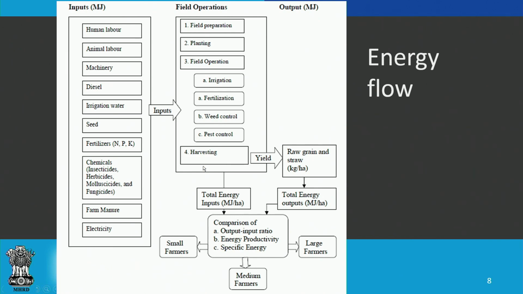If we consider the flow of energy in the agricultural production process, there are a number of inputs. May I refer to the controllable or uncontrollable classification of the inputs.